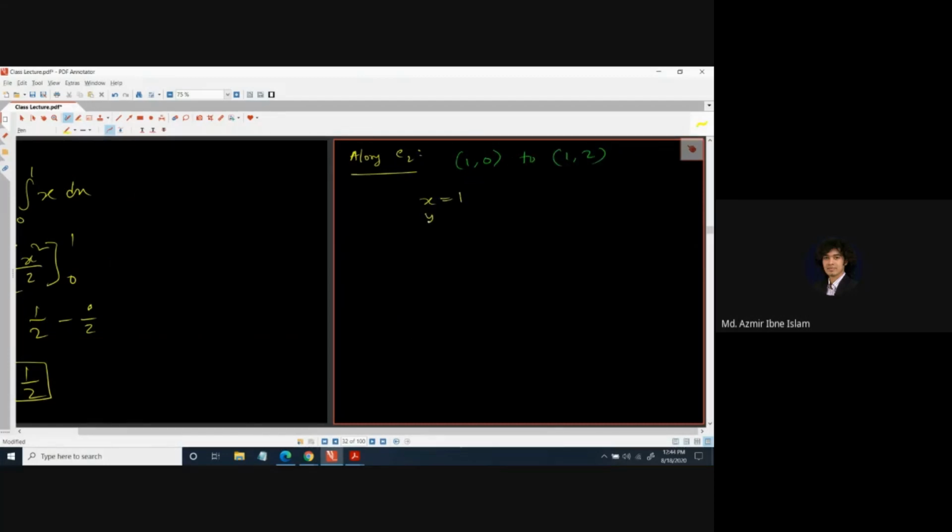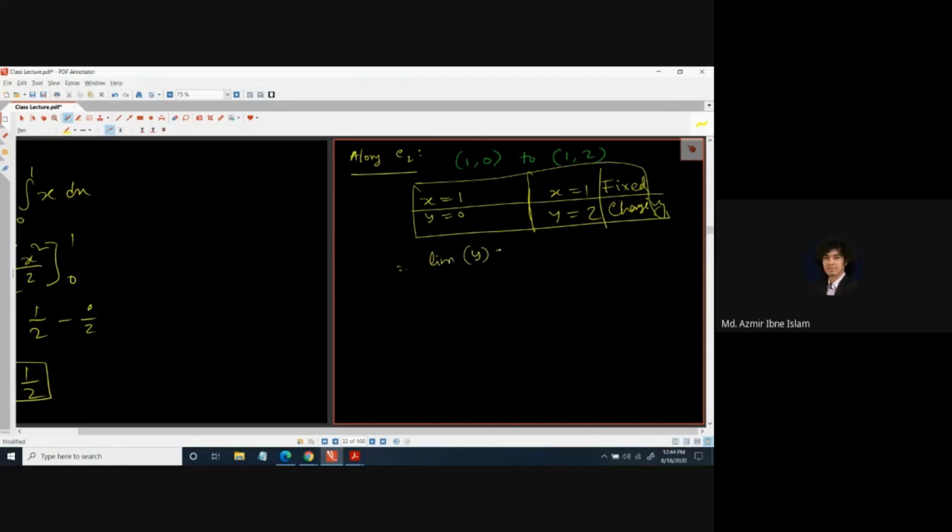x equal to 1, y equal to 0, to x equal to 1, y equal to 2. So this time you can see that x is fixed, and y goes from 0 to 2. So y is changing. Which will be the limit? y, 0 to 2. So we have 0 to 2 as the limit.